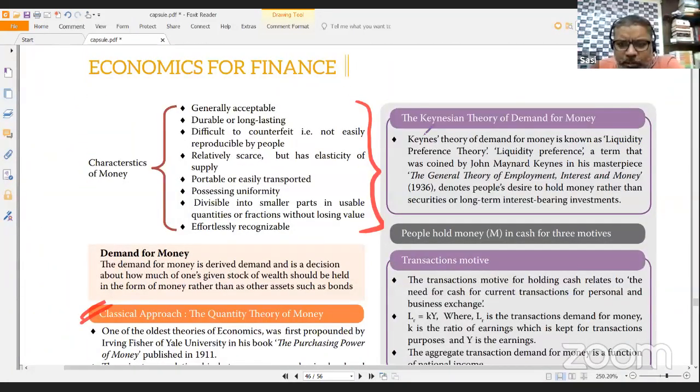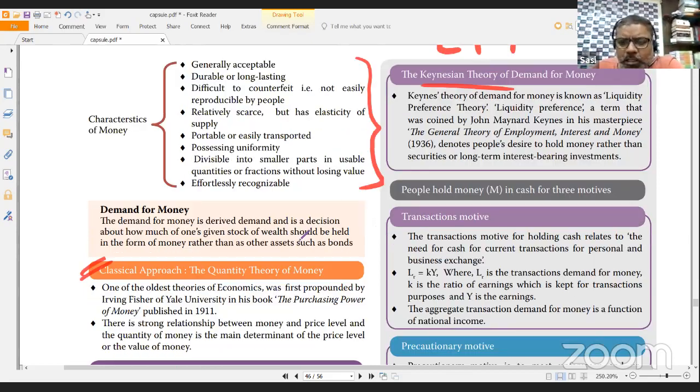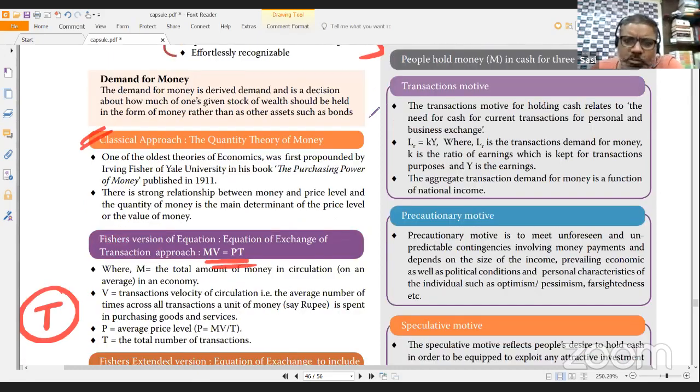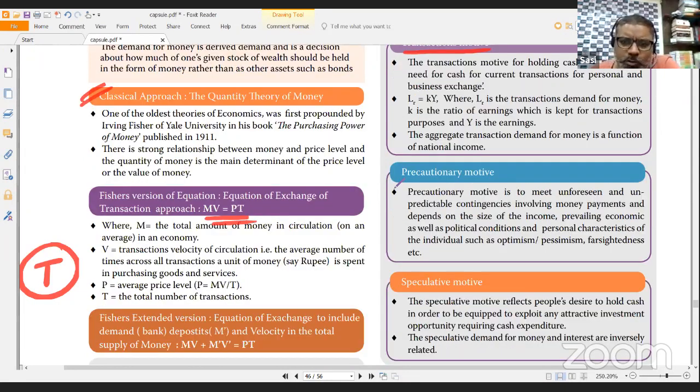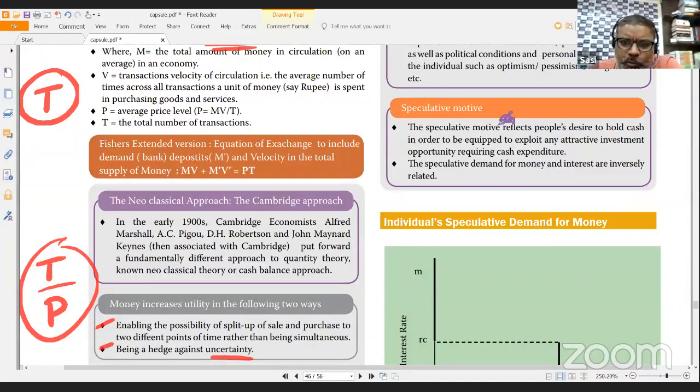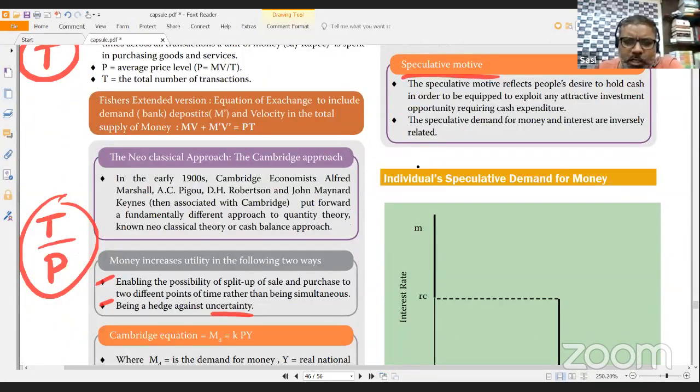Then Keynes developed the liquidity preference theory, a very popular theory. In that, he mentioned another motive in addition to what is already there. So he classified three motives for people holding money. One is the transactions motive, another is the precautionary motive, and another is the speculative motive. He created the speculative motive with the intention of understanding the switching between cash and bonds.